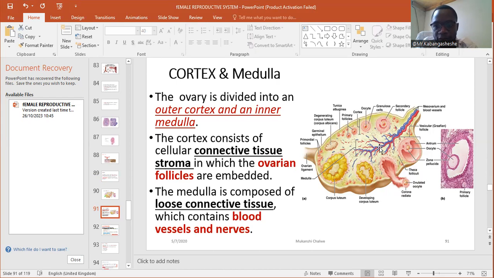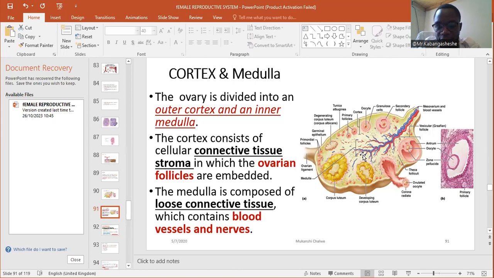Right now, the reason why we're discussing the ovaries is because these are the organs of the female reproductive system that give us the gametes, similar to the testis in males. Gametes in the female reproductive system are found in the cortex. They will develop within the same layer, the cortex, and then eventually exit the ovary by way of ovulation. So those are the four layers we discussed: germinal epithelium, tunica albuginea, cortex, and medulla.